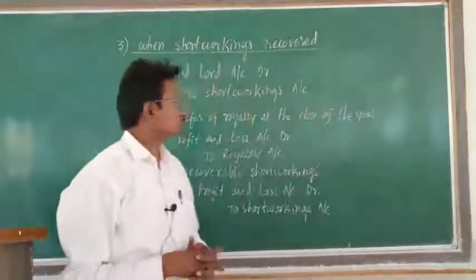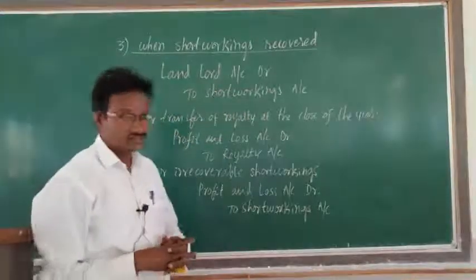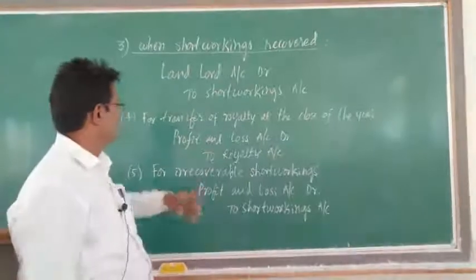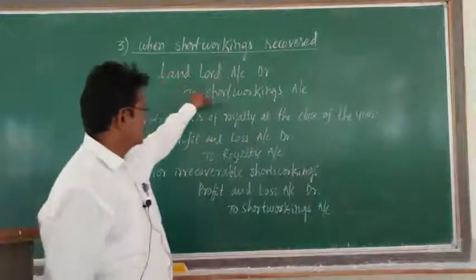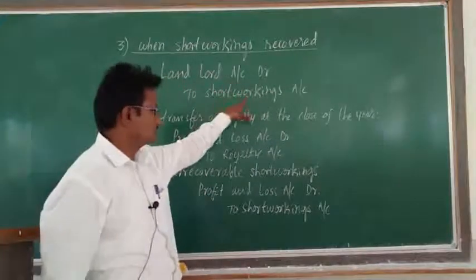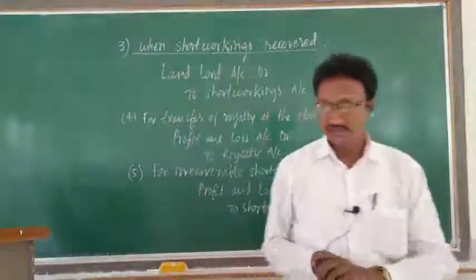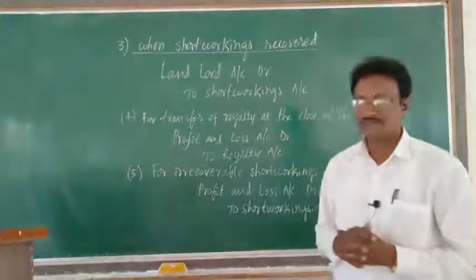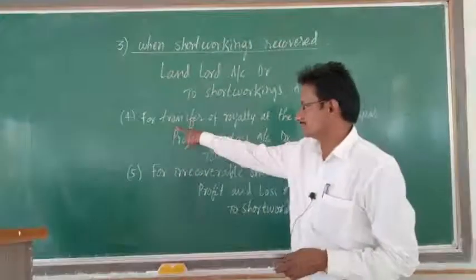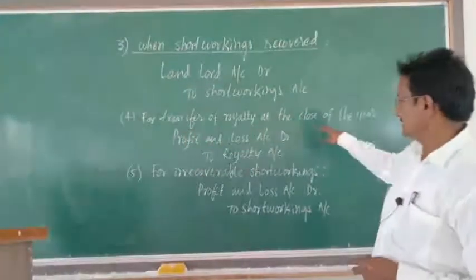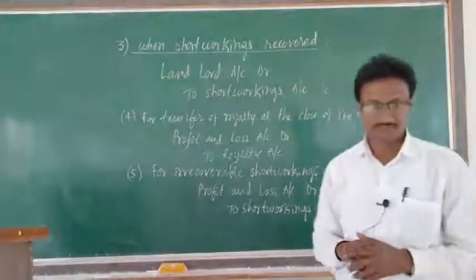So, when short workings are recovered, the journal entry will be landlord account debit to short workings account. And the next entry is for transfer of royalty at the close of the year.